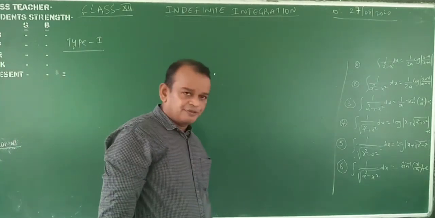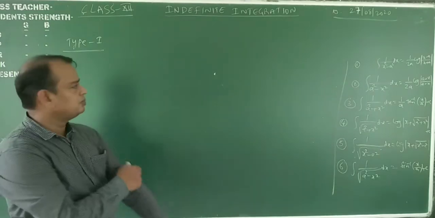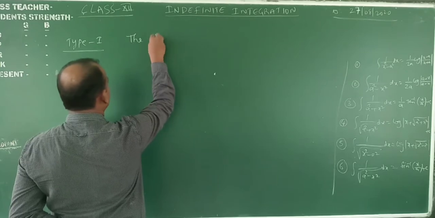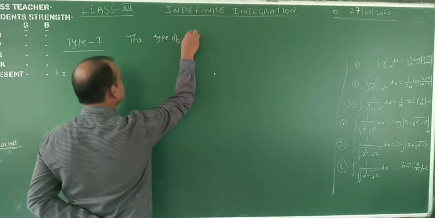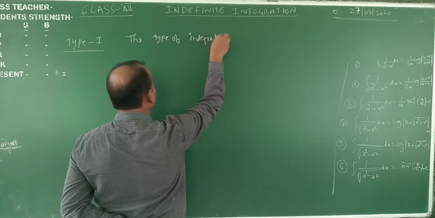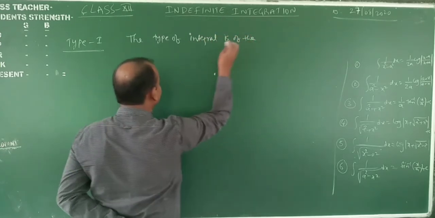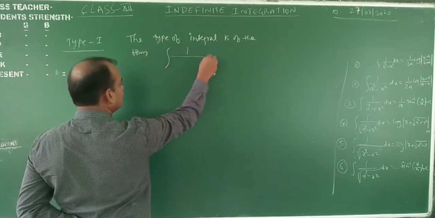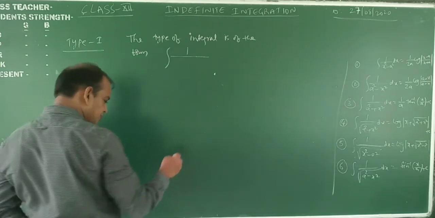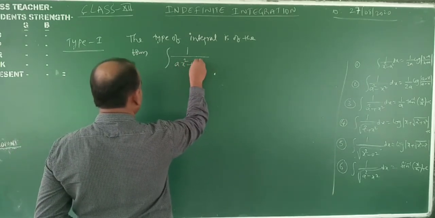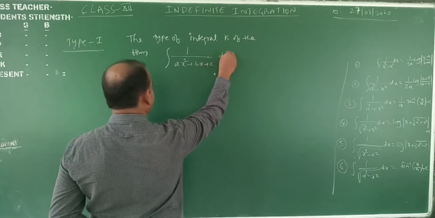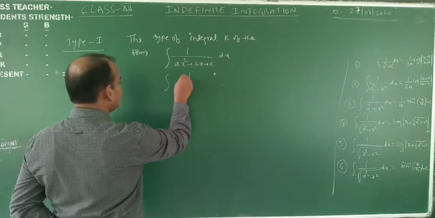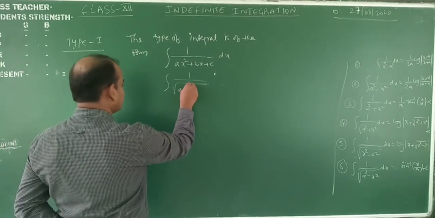The integral is of the form 1 by (ax square plus bx plus c) dx, and 1 by root over (ax square plus bx plus c).